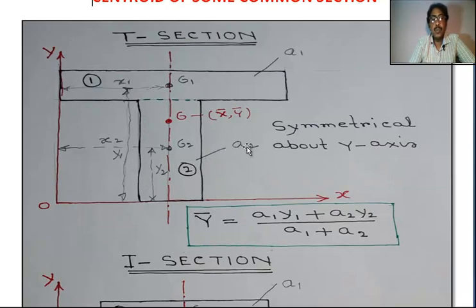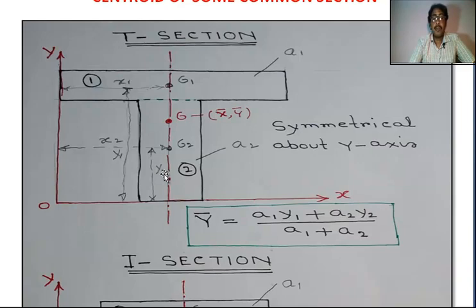Area is A2, marked as 2. G2 is the CG of this area. This is the web. The centroid distance from the y-axis is x2. Centroid G2 from the x-axis is y2.